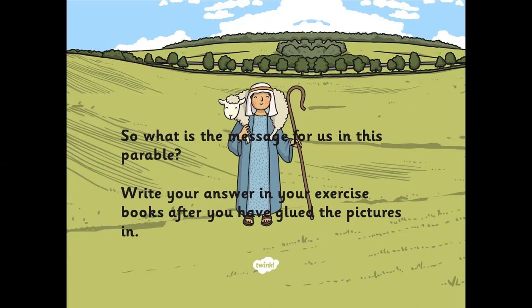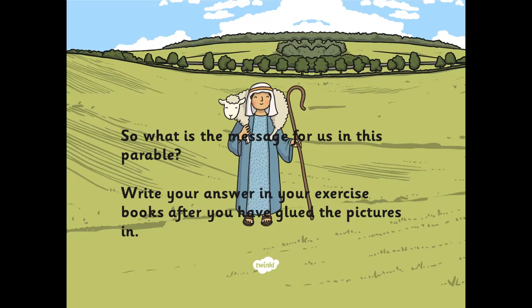Jesus told this story to help us understand how much celebration there is in heaven when one person who makes the wrong choices repents. To repent means we let God know how sorry we are for making the wrong choices. So in this story, God is represented by the shepherd and we are the sheep.